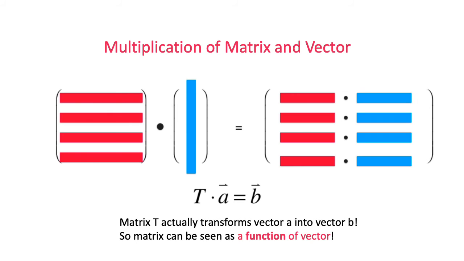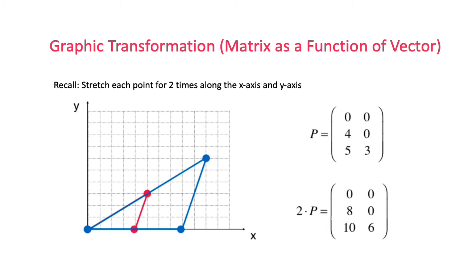Next, I will elaborate on the second perspective of the matrix, that is, the matrix as a function of vectors. I will introduce this perspective to you through the case of graphical transformation.